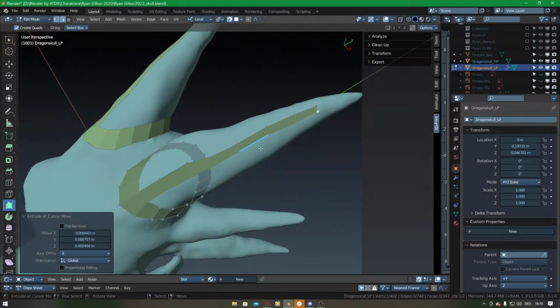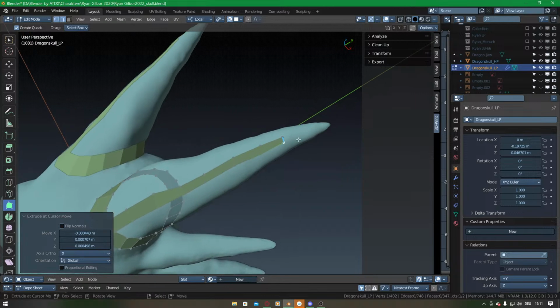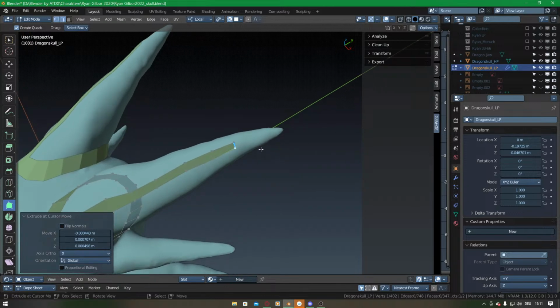Hmm. 16 is a lot, and I don't want to have a lot over here.